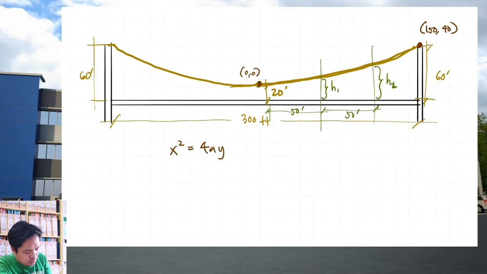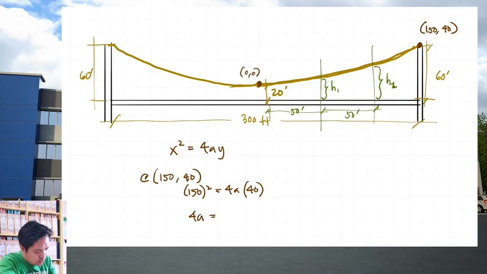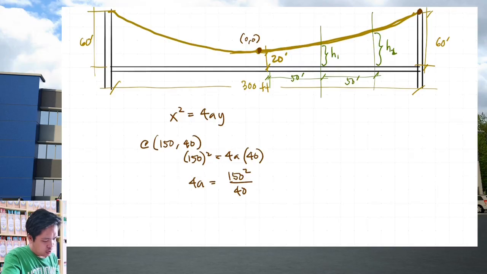So, therefore, kung yan yung condition natin at 150, 40, we could solve for the value of a. So, x is 150 squared. That's equal to 4a times 40. Okay? Then we have the value of a, or simply 4a na lang. Let's now solve for 4a, which is 150 squared over 40. So, gamit na lang tayo ng calculator.